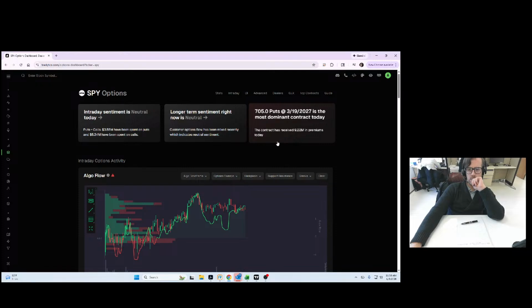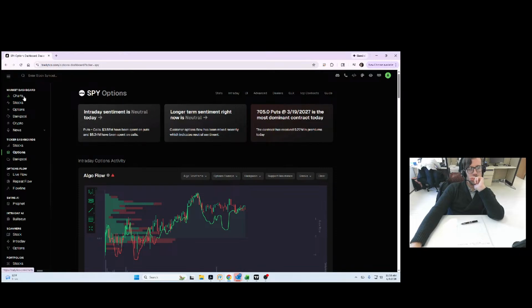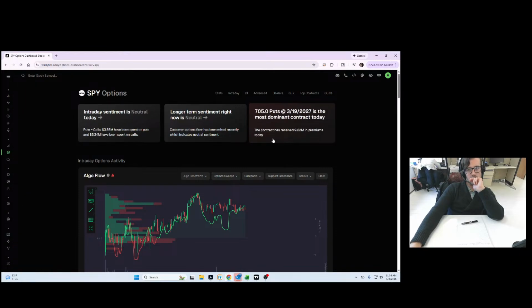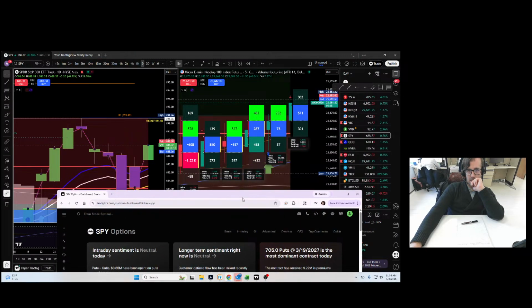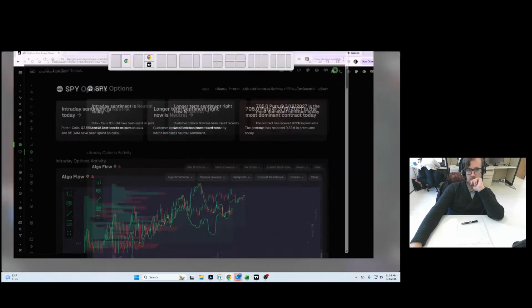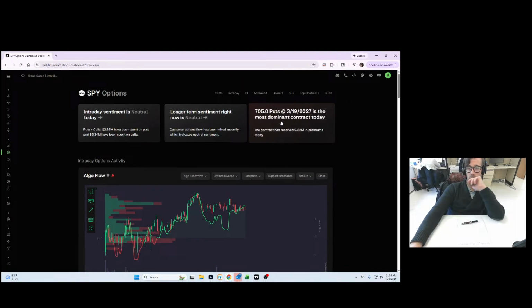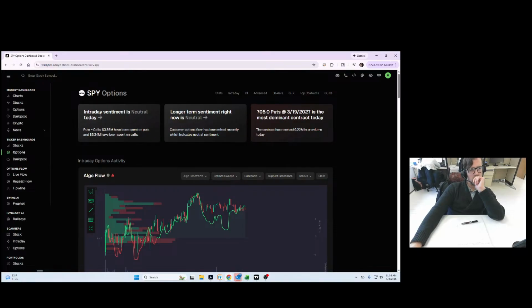SPY, 9 million in premiums. It's out of the money. So that's out of the money. So I think they're using that as like leaps, meaning, or their puts. That's weird. I don't know.